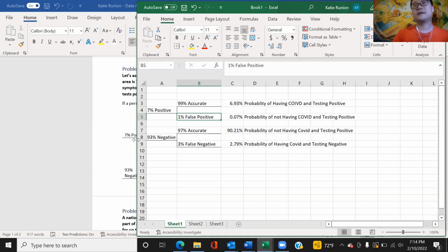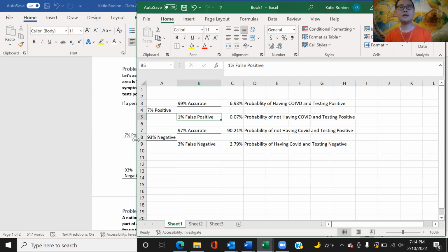So you got here, right? The explanation for the true positive is the probability of having COVID and testing positive. However, you do need to make it a conditional probability. So the first row here is that, conditional on having COVID, the probability of testing positive. Unfortunately, the calculation here was not correct.